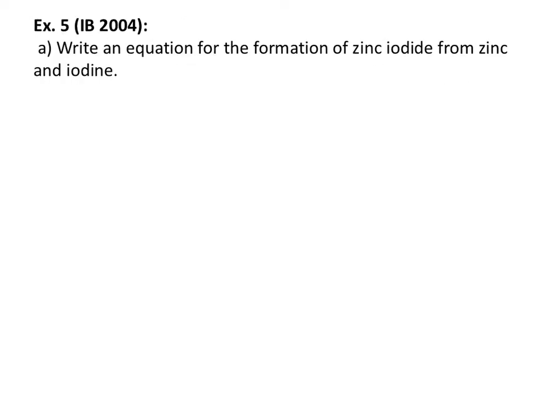All right, so this is a more traditional limiting reactant problem. We're going to start off with writing a balanced equation. So zinc and iodide react. But the thing you have to remember is iodide is diatomic. Then when we combine our new molecule, zinc iodide, we have to consider the charges.